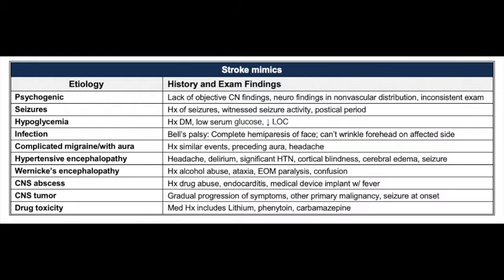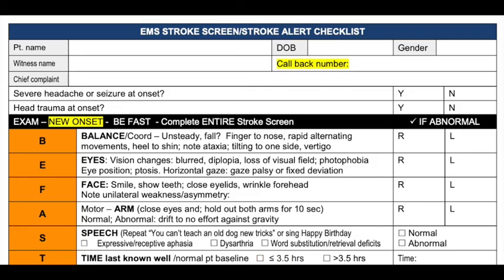They're also going to have extraocular motor paralysis, so they're not going to be able to move their eyes. They may have double vision, and they may have confusion, altered mental status, so that can look a lot like a stroke. And then finally we have a CNS abscess or CNS tumor, so anything affecting the central nervous system can potentially present like a stroke. And lastly, we have drug toxicity.